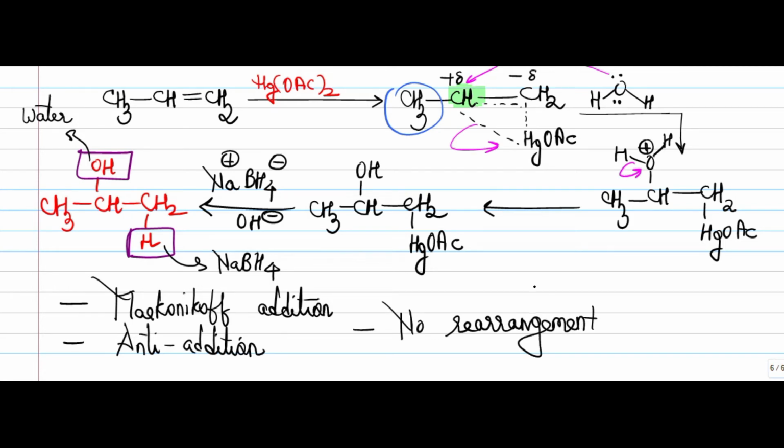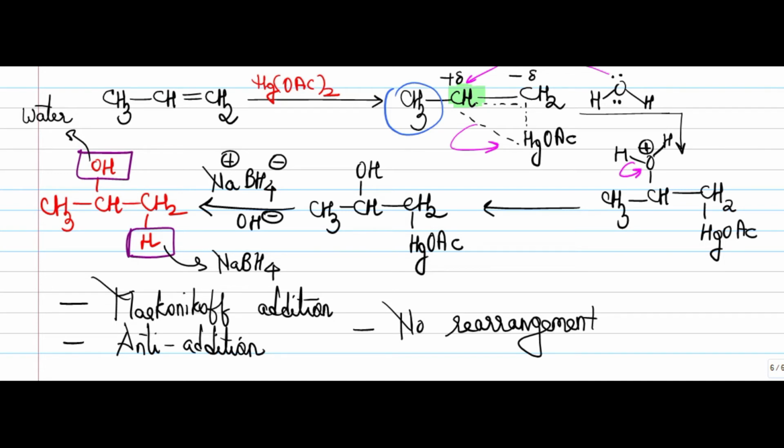Whenever a reaction proceeds through a cyclic intermediate, right, there are no carbocations generated as such, and therefore there is no carbocation intermediate generated, and therefore there would be no rearrangement. So whenever a reaction proceeds through cyclic intermediates, you may not have any rearrangements taking place.